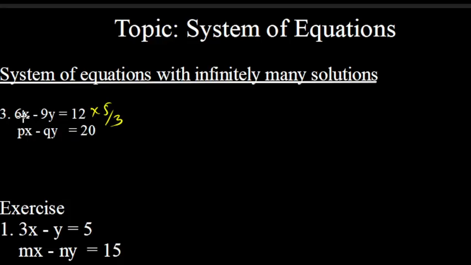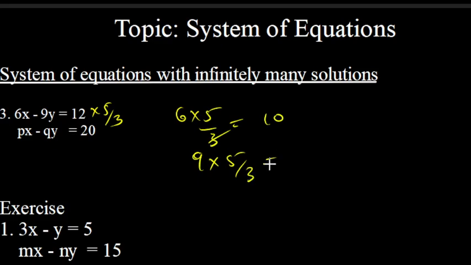So 6 times 5 over 3 is 10, and 9 times 5 over 3 is 15. Then 12 times 5 over 3 is 20.